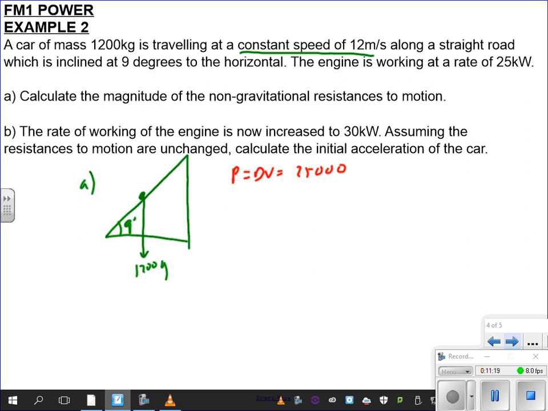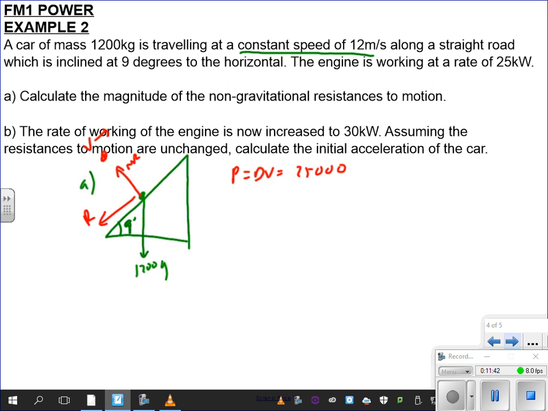Calculate the magnitude of the non-gravitational resistances to motion. So it's talking about here, R, that's why I call this NR for these problems. R is our friction, our air resistance all combined, and that's what it wants us to find. On my diagram then, remember I'm keeping speeds off the forces, so I don't get confused with them.